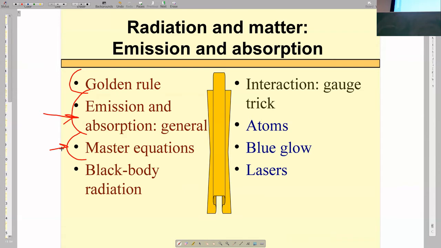Matter emits something, it changes state with some probabilities. Photons appear, disappear, are emitted and absorbed. That we will put into the scheme of a master equation.